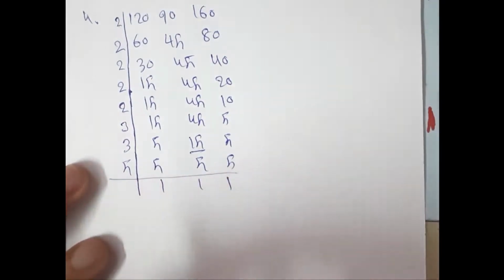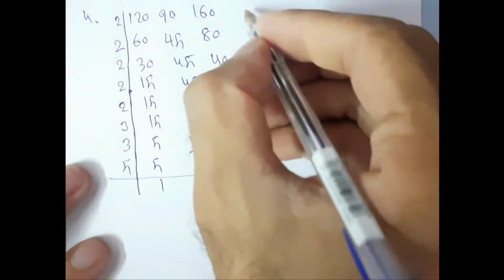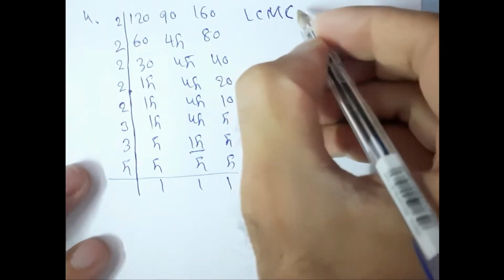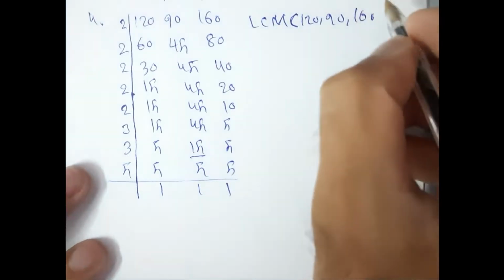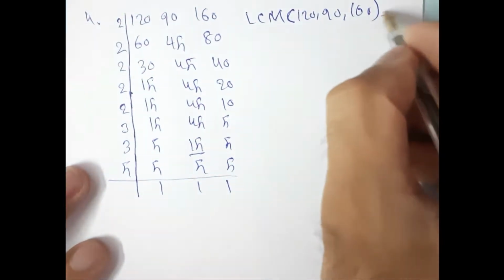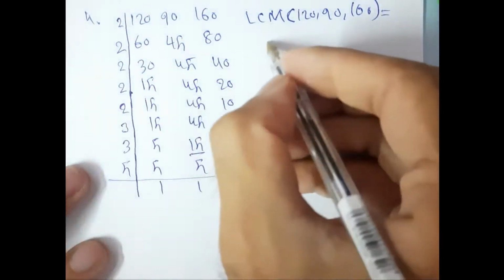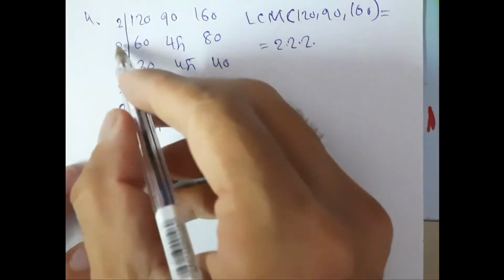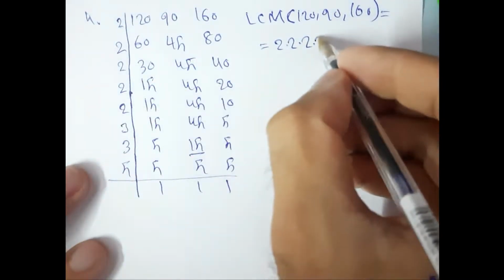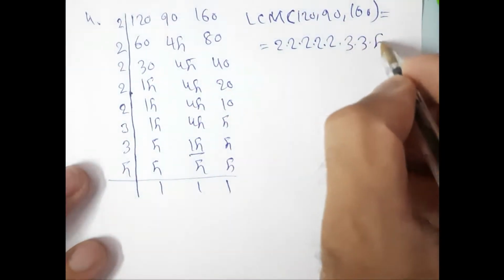Our finding prime factorization is over. LCM of 120, 90, 160 is equal to, here we multiply all of them, it is equal to 2, 2, 2, 2, 2, 3 into 3 into 5.